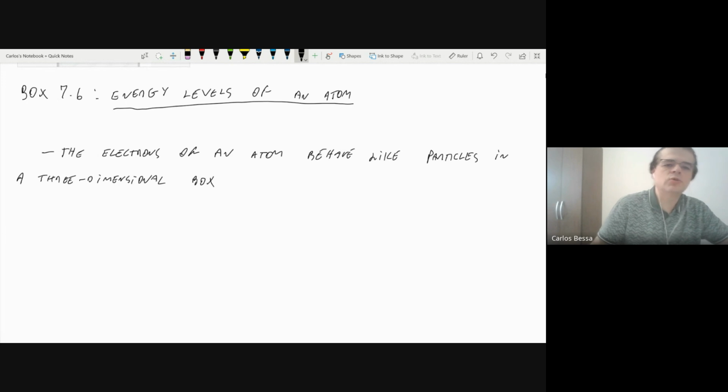It's the way that we generally solve the Schrödinger equation with a Hamiltonian of the form.